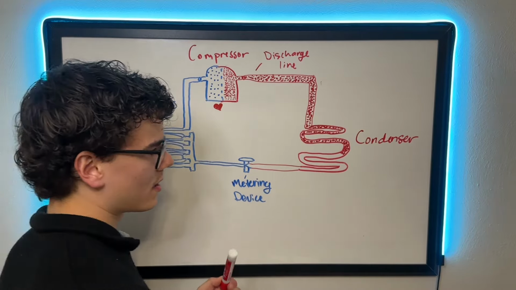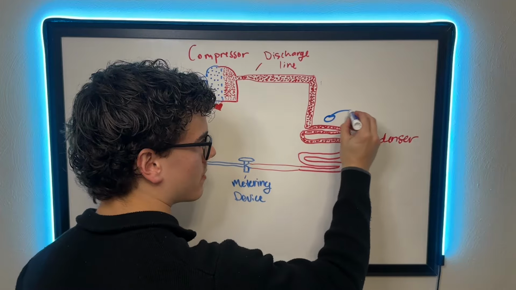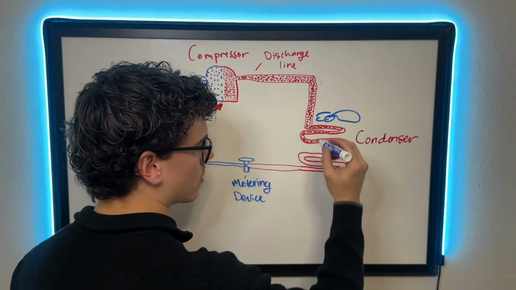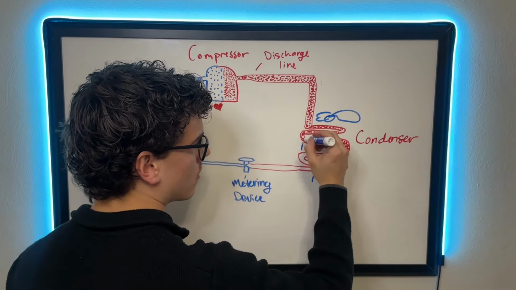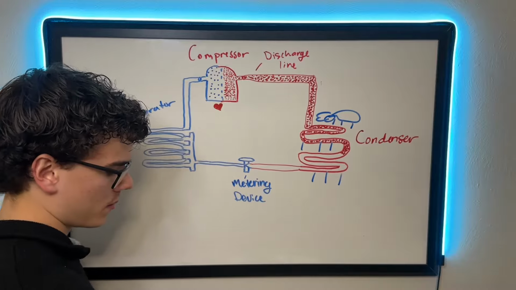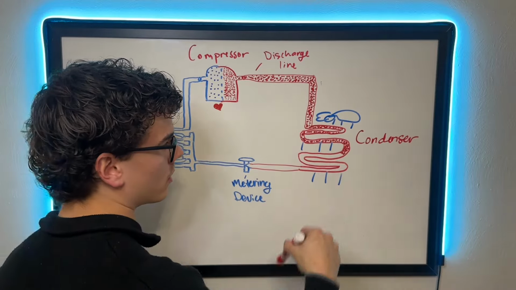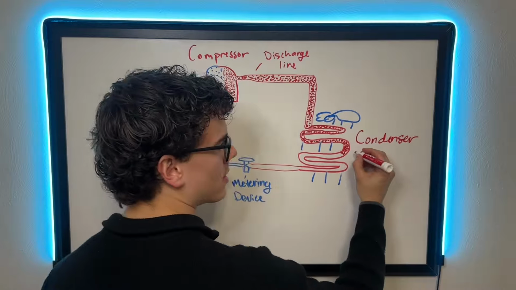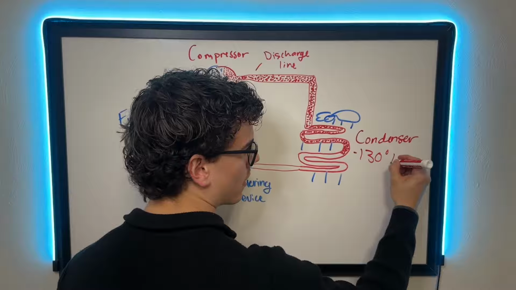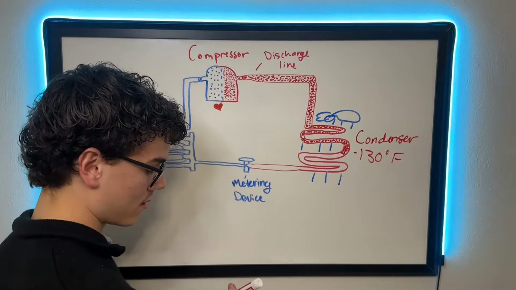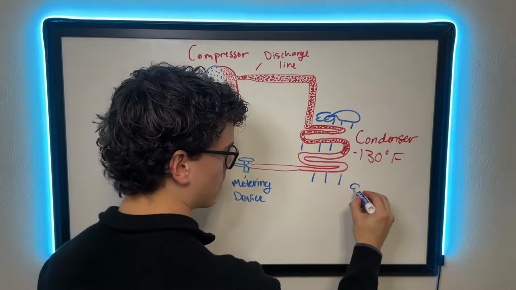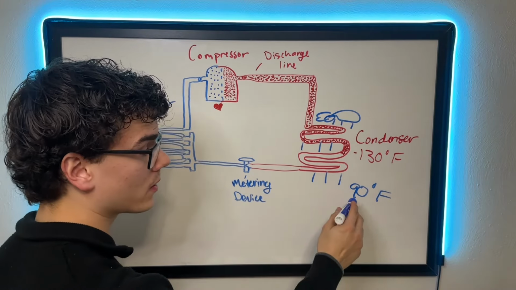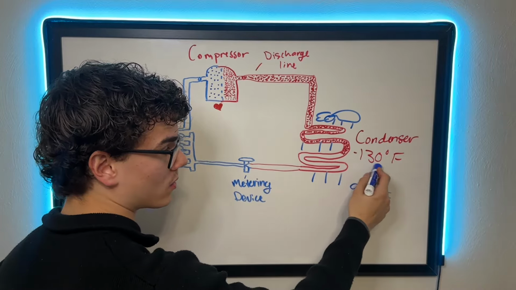All right, and at the condenser, there's a fan at the top of this condenser that's pulling air over these coils. So the temperature of this coil here, this condenser, is normally about, let's say, just as an example, about 130 degrees Fahrenheit. But outside, let's say the outside air is 90 degrees. On a 90-degree day, this 90-degree air is cooler than this 130 degrees Fahrenheit.